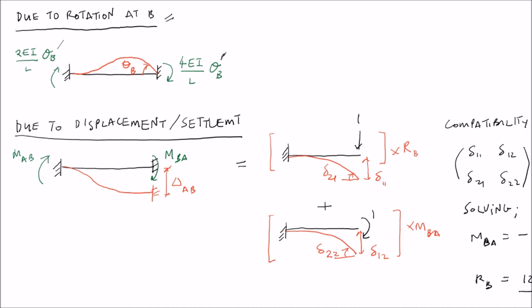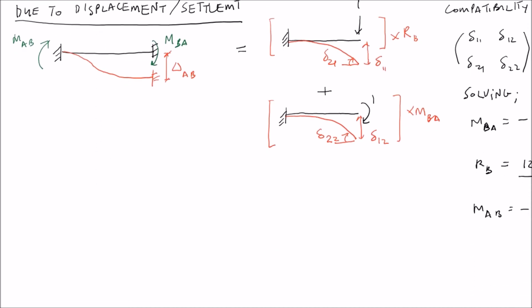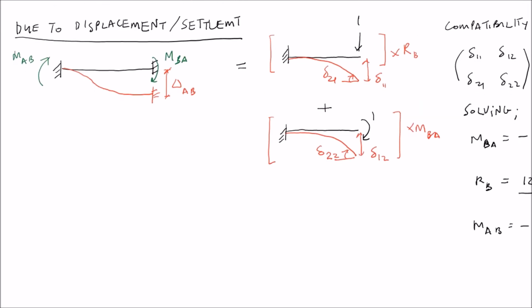Further, if you consider only displacement or settlement in this case at AB here, you are going to develop two moments, MAB and MBA. So using the force method again, this is the actual system. Your primary structure, as you noticed before, because you don't have load, it's 0. Then plus the redundant 1 system and the redundant 2 system.